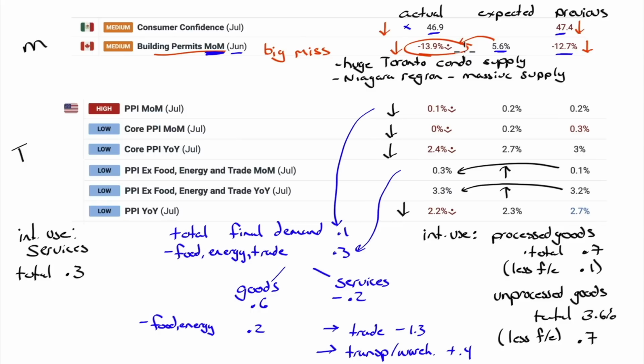If you look at realtor.ca in Toronto, you'll see there's huge Toronto condo supply on the market now, and in the Niagara region, massive supply. A couple of years ago, when I was looking at the price of houses in my area, I think there were 1.5 to 2 pages on realtor.ca. There's about 40 pages now.